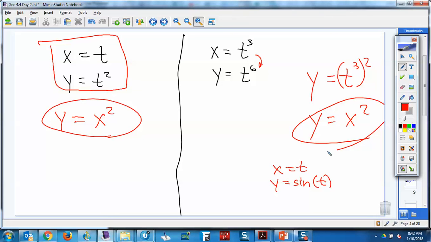So again, this is that example of these two parametric equations are the same path, but they're describing different motion on the path. So let's talk about the speed. What would be the speed of each of these particles at t equals 2? Go ahead and calculate it real quick.